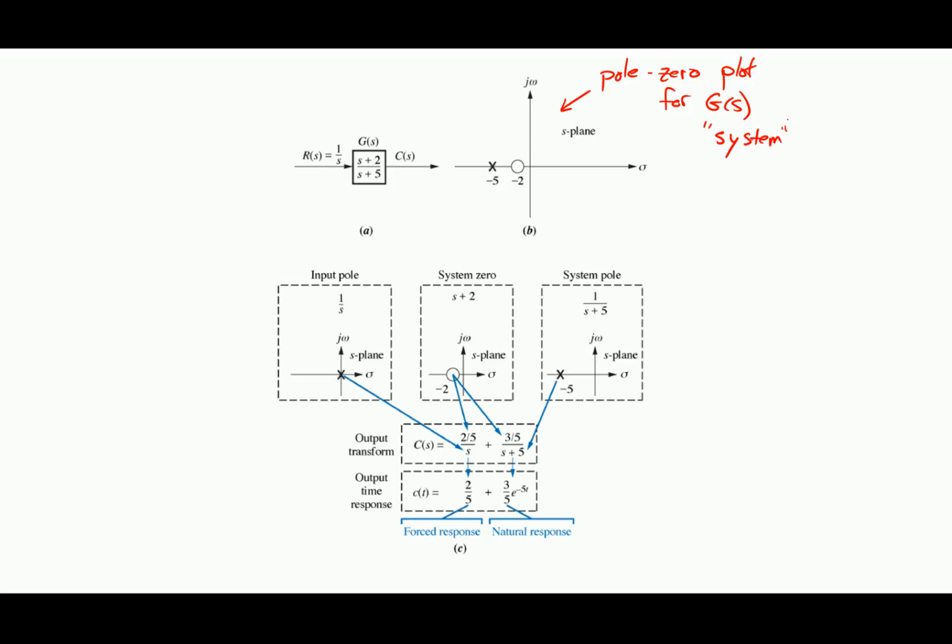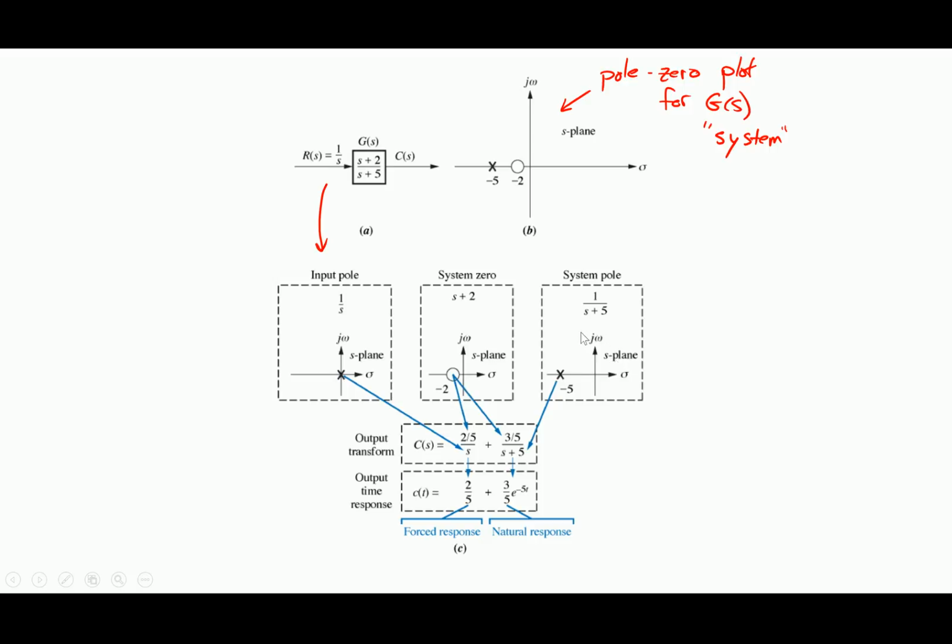It's got a zero at -2 and a pole at -5. Now this input has a pole, so I can express it in the s-plane with the pole there at the origin. Then I can look at these two things independently. I've got a zero and a pole.